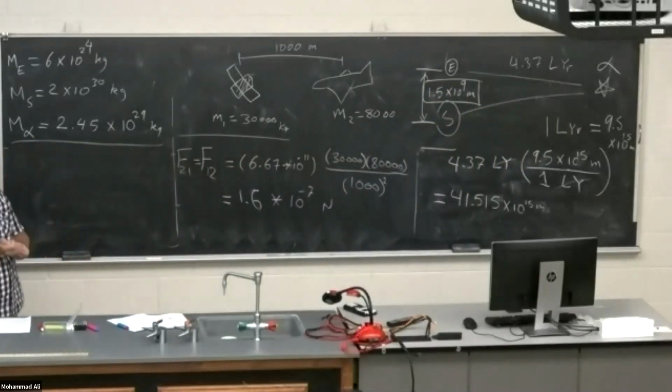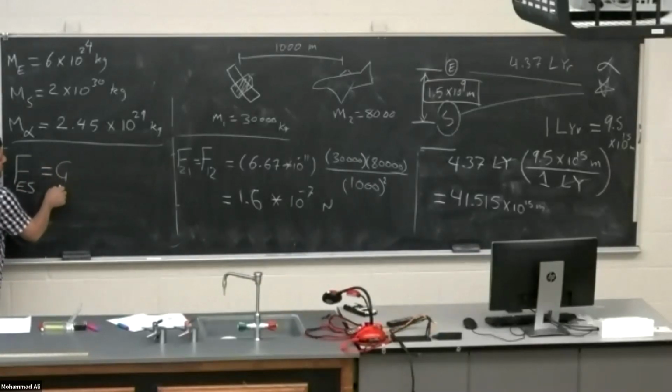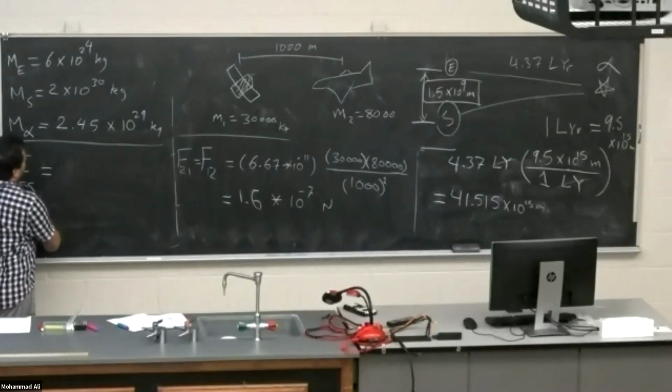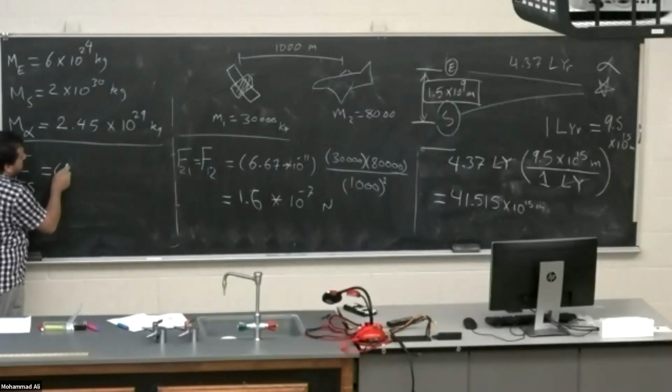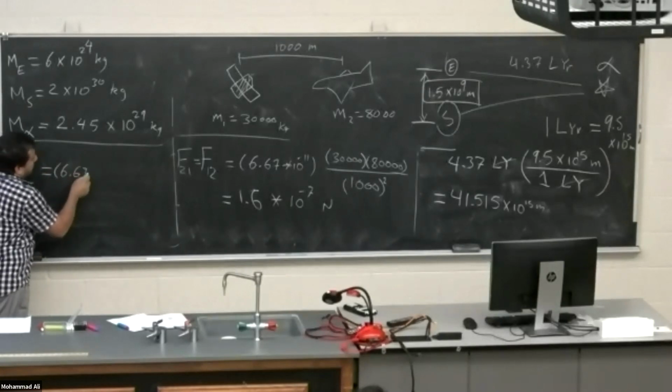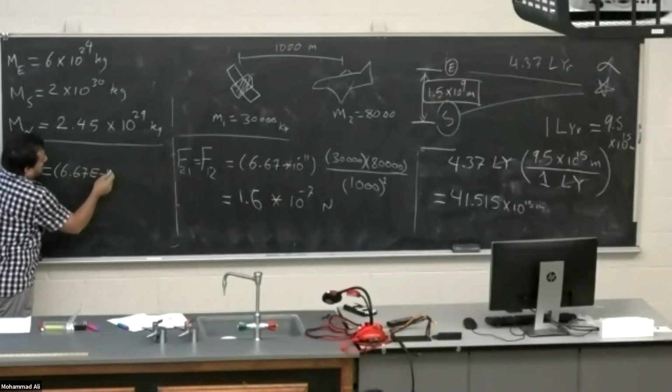You can find the force between any of these three objects in newtons. So if I ask you to find the force between Earth and sun, it is equal to G, we know the formula, 6.67 e to minus 11.